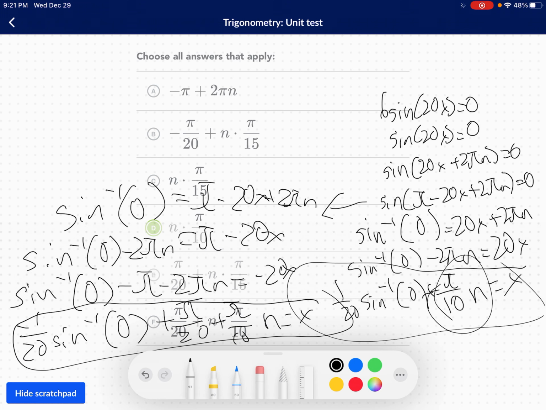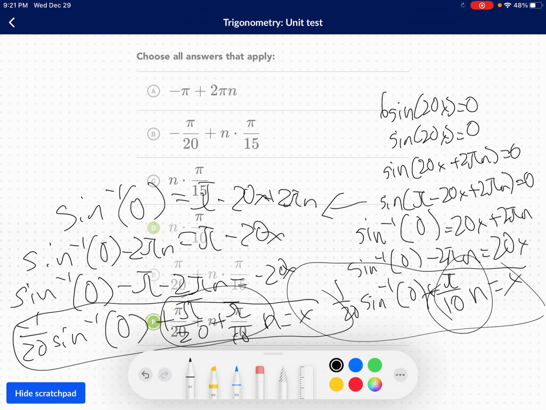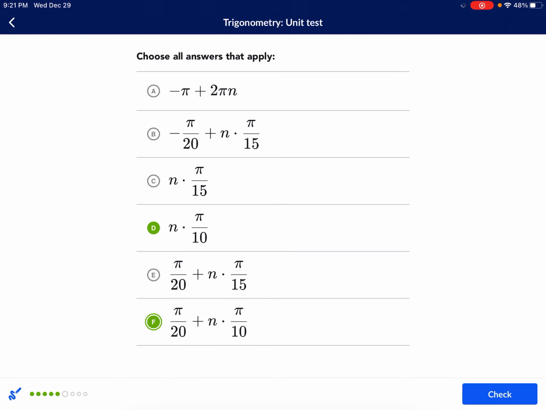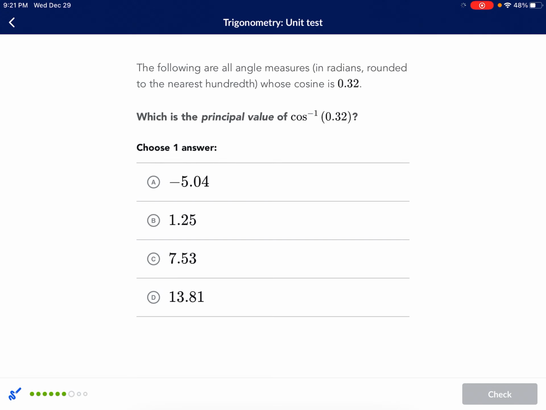So yeah, this is one, and negative 1 over 20 inverse sine of 0 plus pi over 20. Alright, so it's basically just this over here. So pi over 20 plus pi over 10 n. Yeah. Nice.